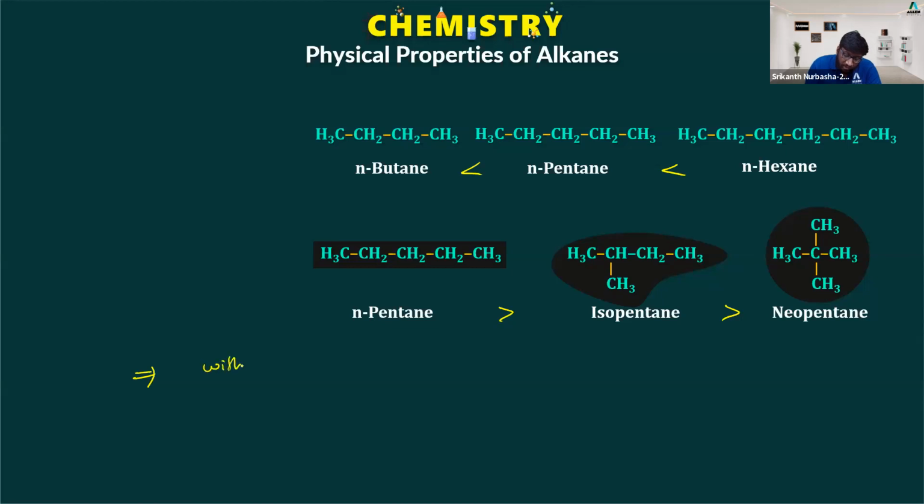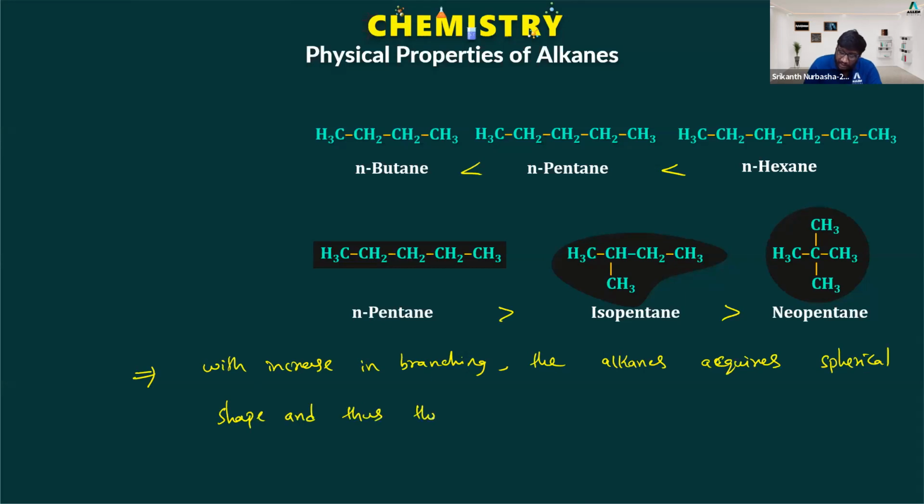With increase in branching, the alkane acquires a spherical shape, and thus there is a decrease in intermolecular forces of attraction.